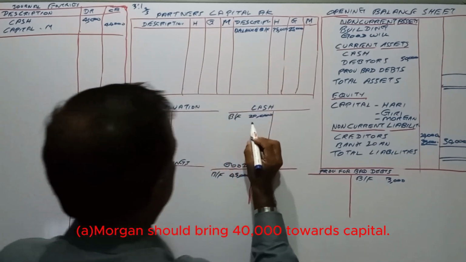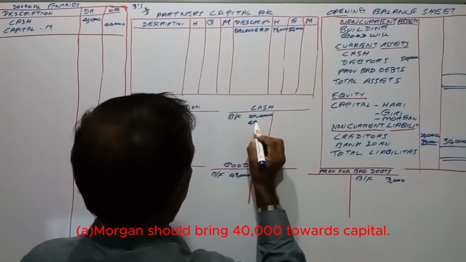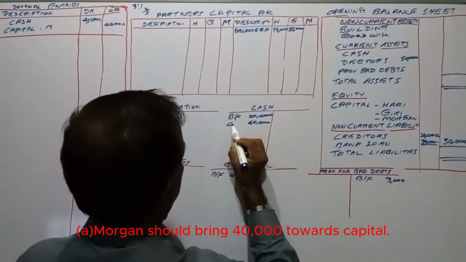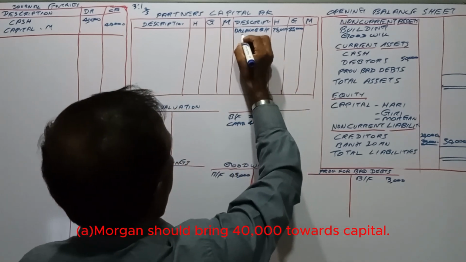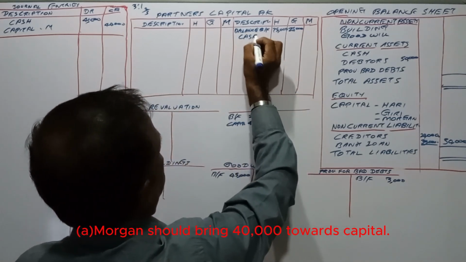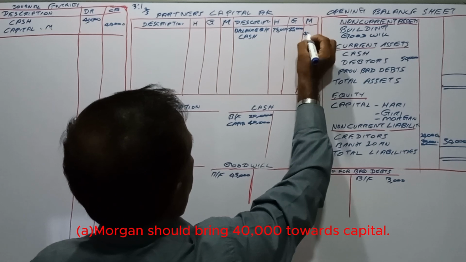Cash account 40,000 debit, Morgan's capital account credit 40,000.